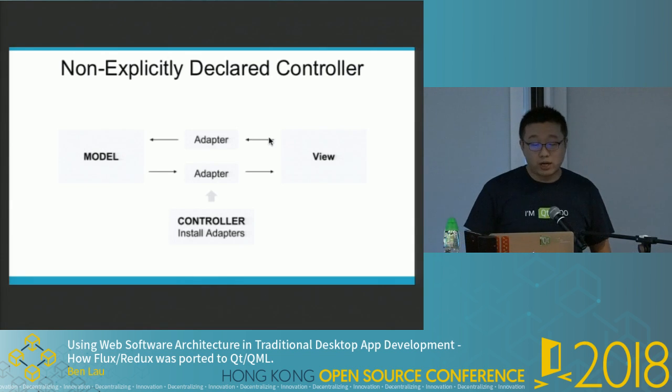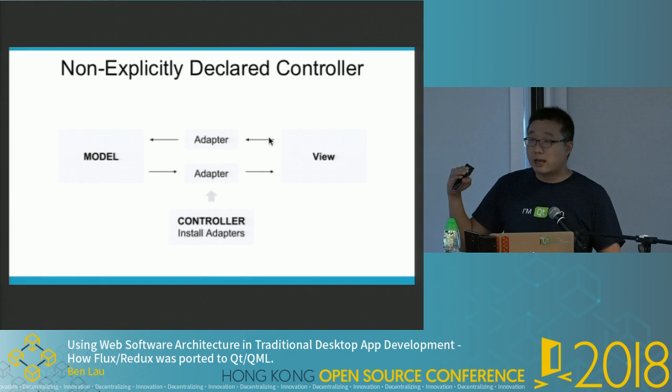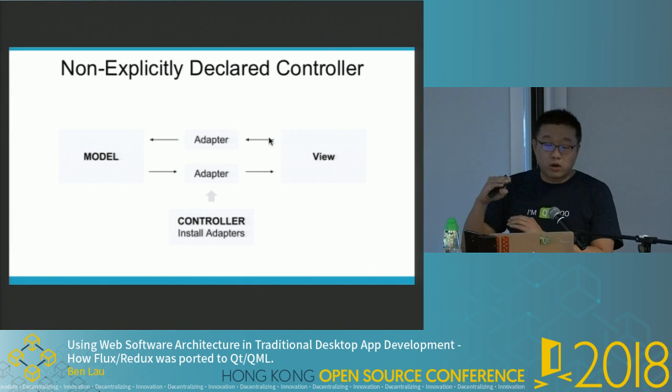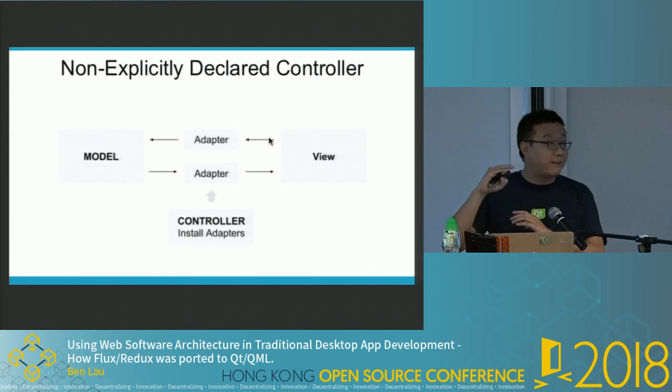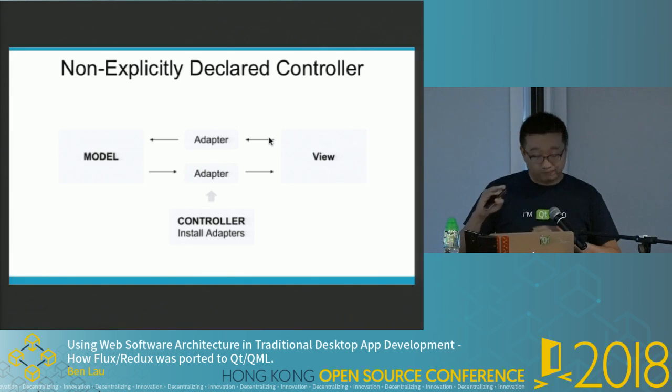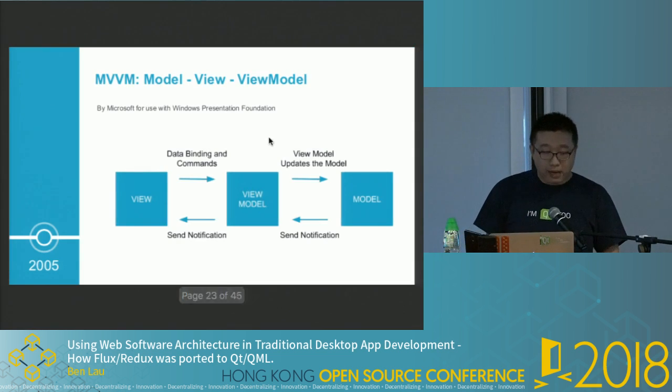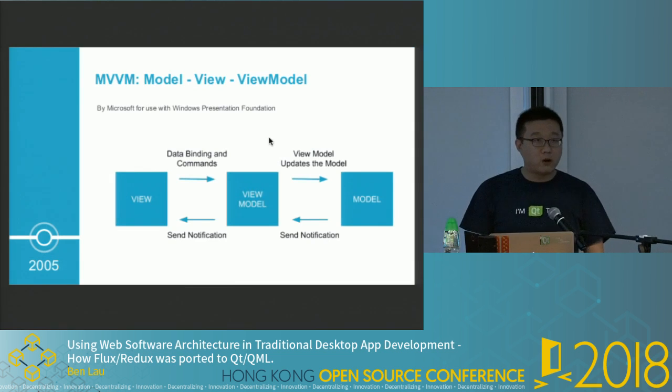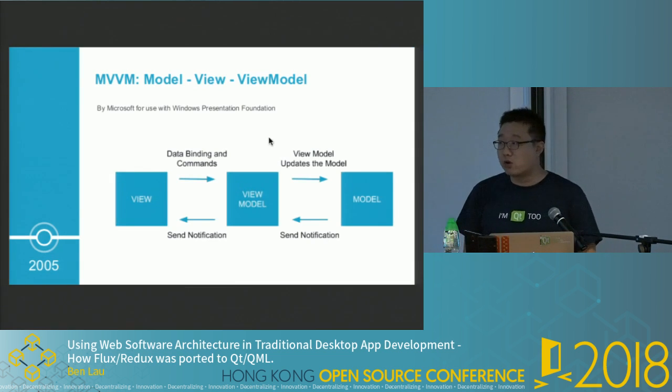Instead, they install an adapter between view and model. They listen from the view and listen from the model and then provide the data. The controller is just installing the adapter between them. I think it's the more popular way now. But MVC could not solve every problem because it doesn't have a solid suggestion for your solution.